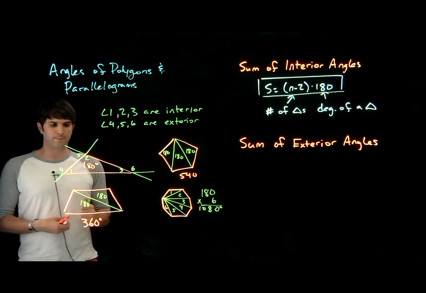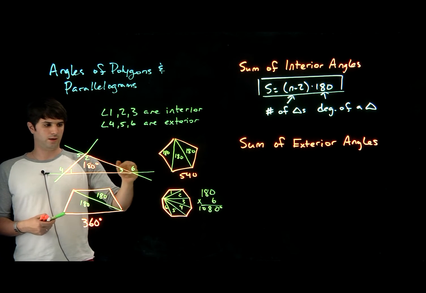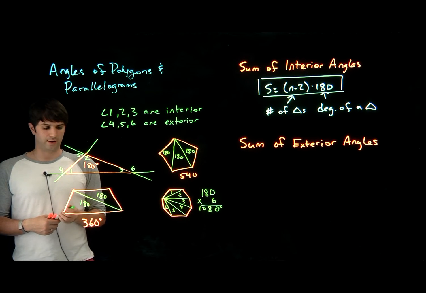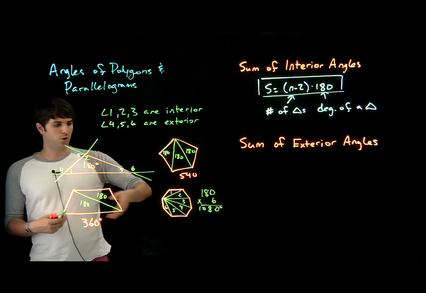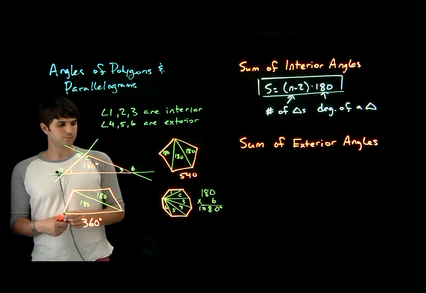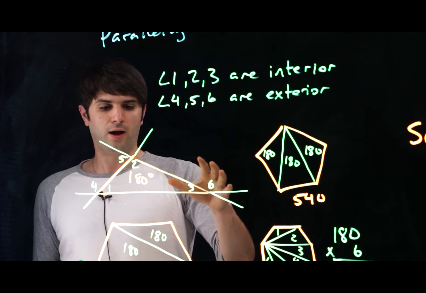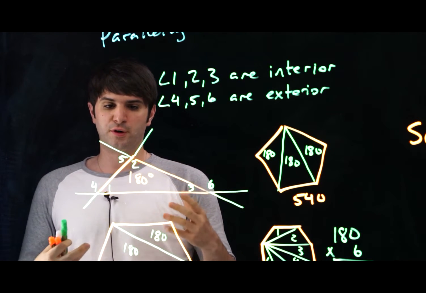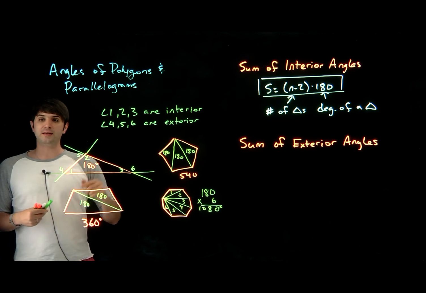So what is the sum of these angles? You know, we can apply this not just to a triangle, but to all polygons. So we have all of these angles here, and we want to figure out what the sum of the exterior angles is. Well, we know that there are 3 linear pairs here.